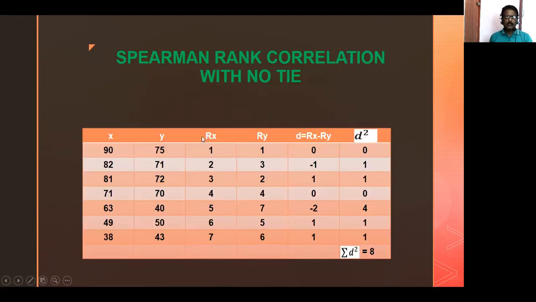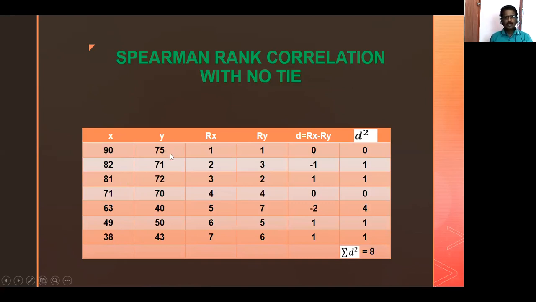First we have to find Rx, the rank of X. This is the X value, the pediatric nursing marks. 90 is the first rank, 82 the second rank, 81 third rank, 71 fourth rank, 63 fifth rank, 49 sixth rank, 38 seventh rank. There is no change in order; the values are given as per the rank.